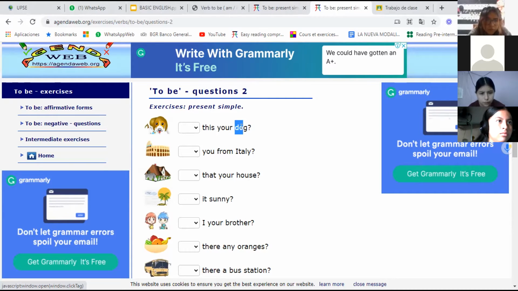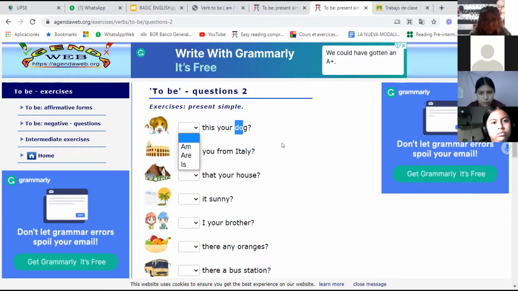Rocky en este caso. ¿Será I, you, he, she, it, we, you, or they? What person? It. La persona es it. Ahora, ¿cuál es la forma correcta o la conjugación correcta del verbo be para it? Is. Pero como es pregunta, ahora ese verbo tendrá que estar primero. Veamos. I have some options. Tengo algunas opciones, ¿verdad?